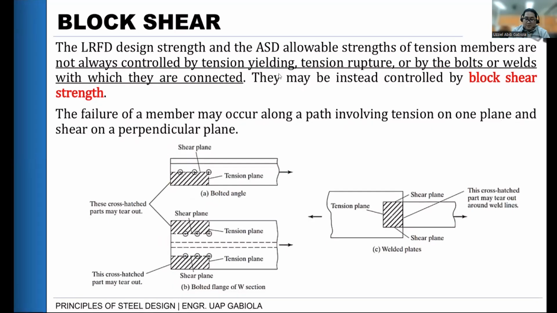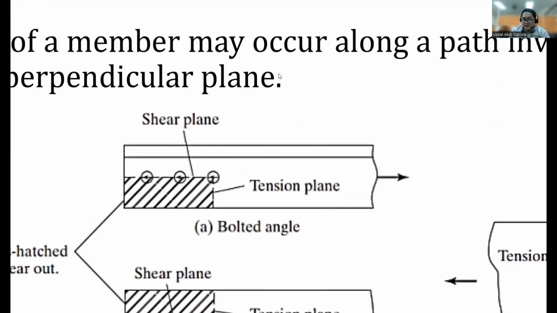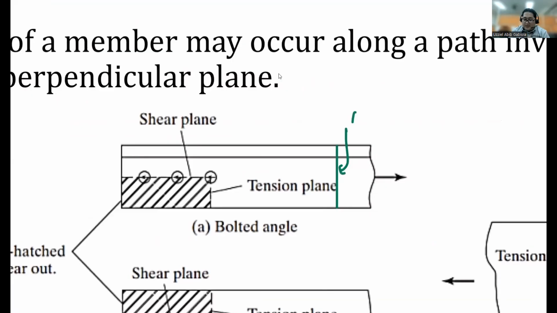Looking at this portion of the angle bar, this is our applied loading. Before, when we considered gross section yielding, what we took was this area, the gross area. That is the basis of our GSY: the perpendicular cross-sectional area that resists our loading. Another condition is net section rupture, which passes through the holes. So this is our net section rupture.